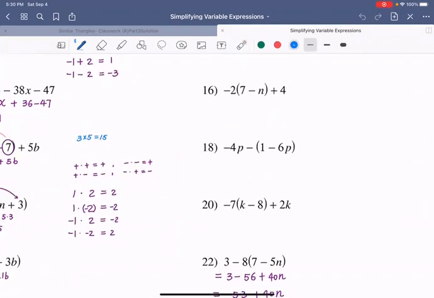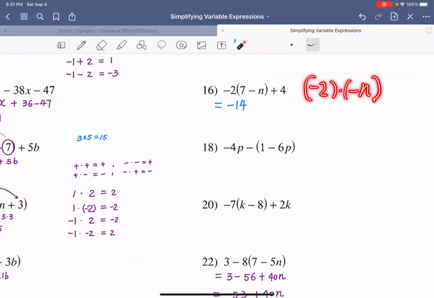Jason, let's see number 16. You want to try the distribution property? Go ahead, please. -2 times 7. You are going to do this guy times this guy and then do this. Okay, so -2 times 7 is -14, and -2 times -n.